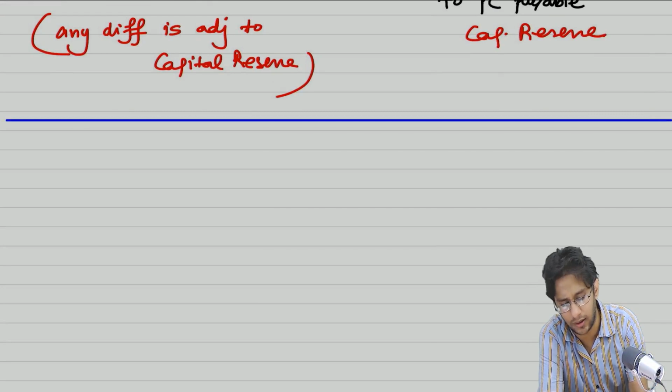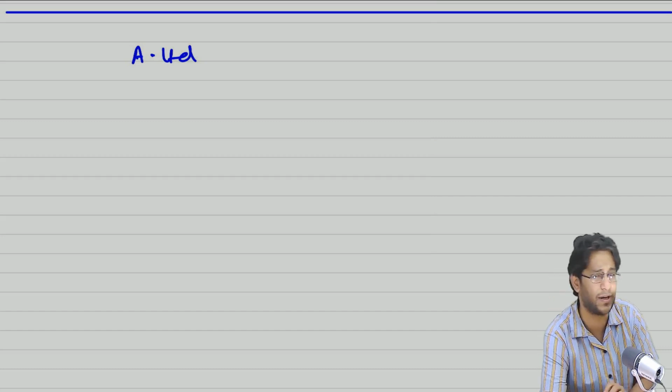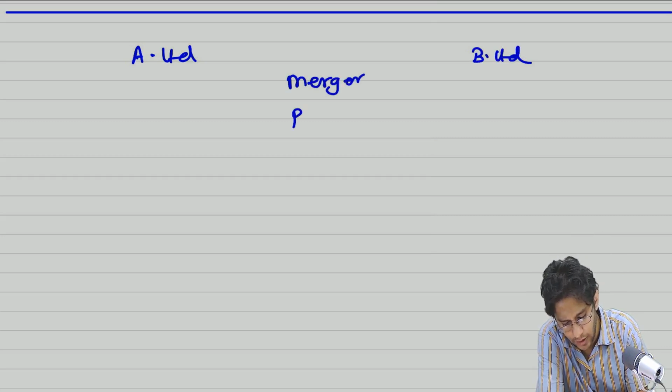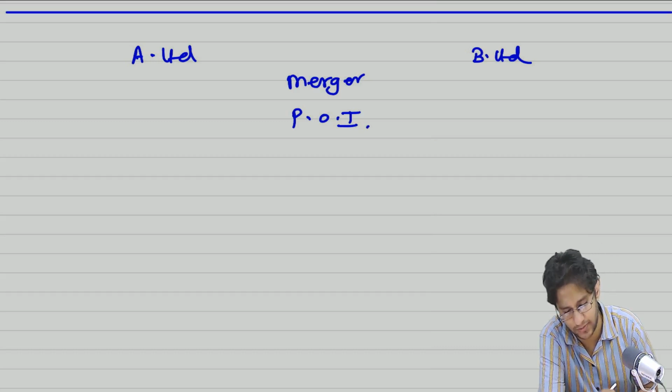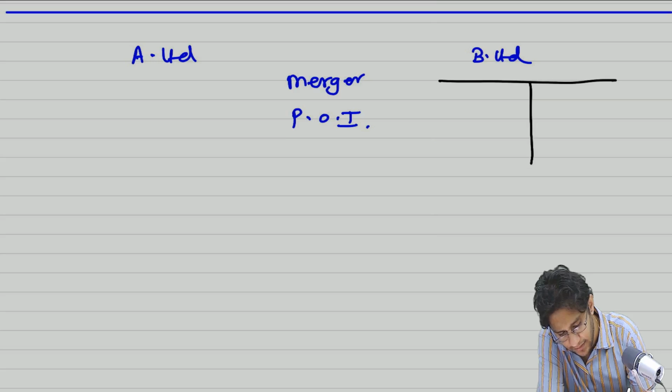Then, what we actually learned in the entries, just to remind you, because in one or two sums this application is also there. When amalgamation is in the nature of merger, you will apply the pooling of interest method. Suppose this B Limited balance sheet is there.